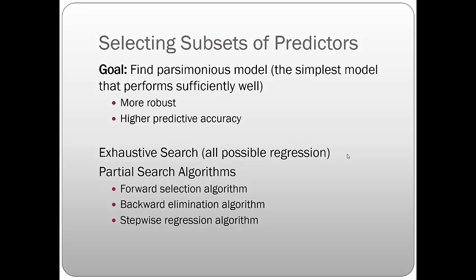The threshold is usually set up in partial F statistic, or you can set up a p-value of 5%, for example. If the p-value of any variable that's already in is more than 5%, then you throw that variable out and then bring in the next best variable.